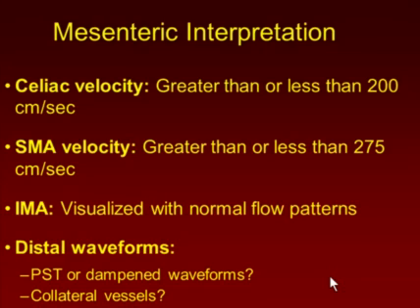And the IMA, there's no absolute number associated with that, but it should be visualized with normal flow patterns and any focal increase in velocity documented. Are the distal waveforms dampened? Is there poststenotic turbulence? Is there a lot of collateral vessel development? All of those can be clues to hemodynamically significant stenosis present.